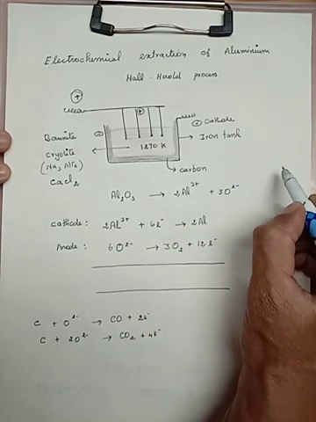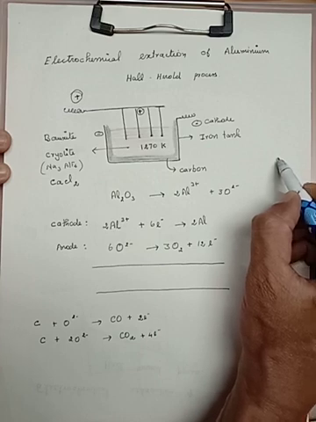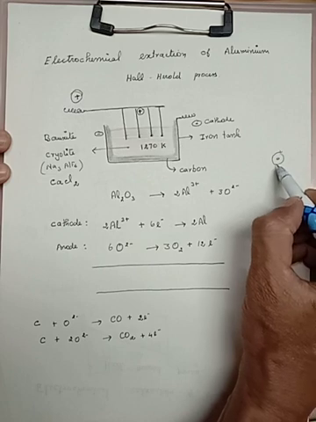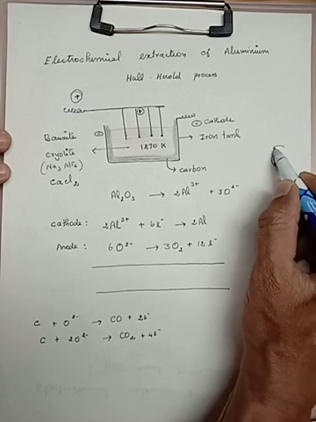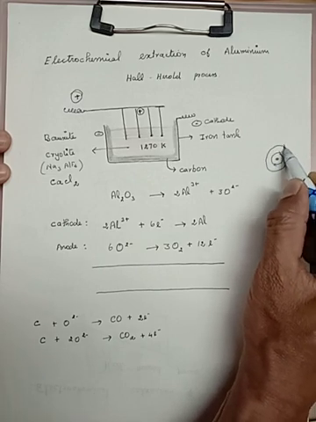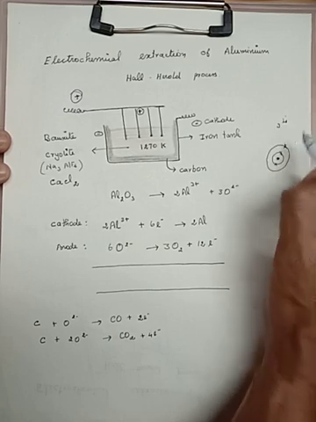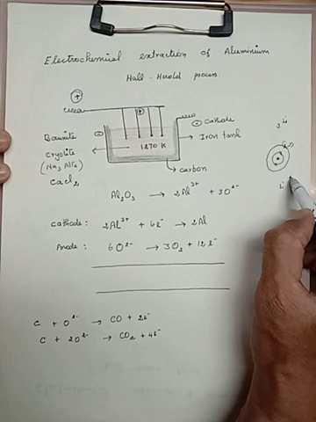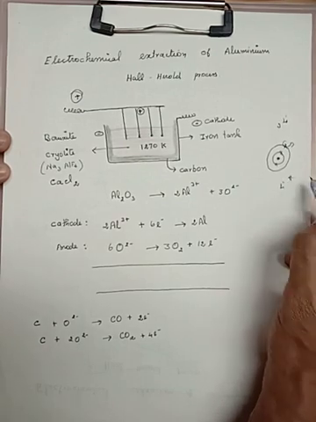You must know what an ion is. Suppose there is an atom. Let us take lithium. Atomic number is 3. 1, 2 electrons and the third electron is here. This is lithium. Now when one electron goes out, it becomes plus sign, Li plus.